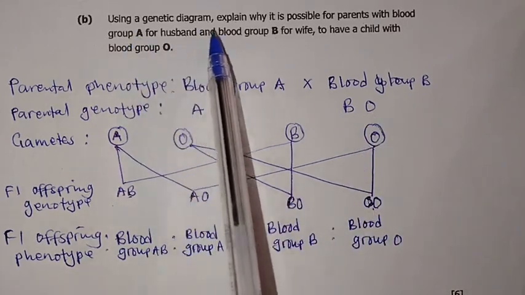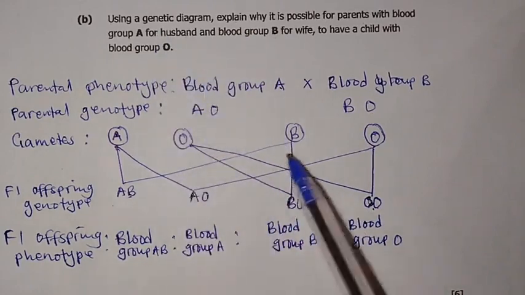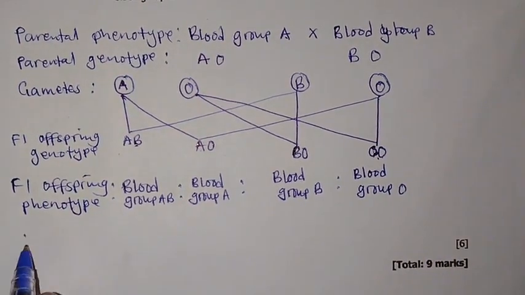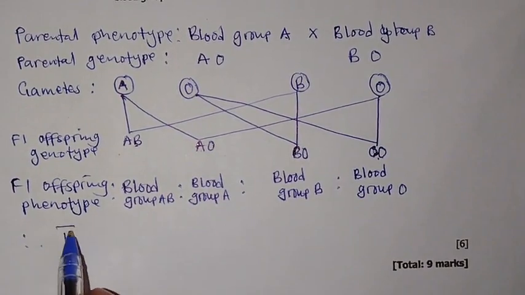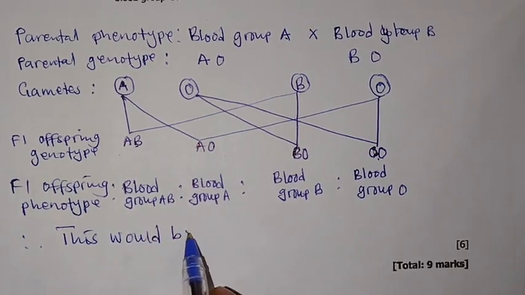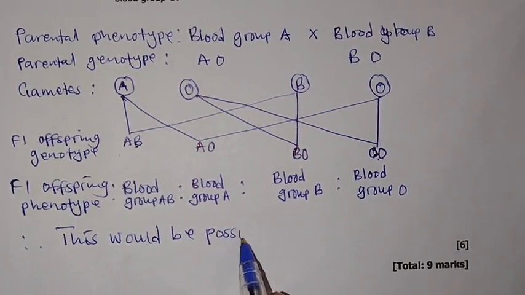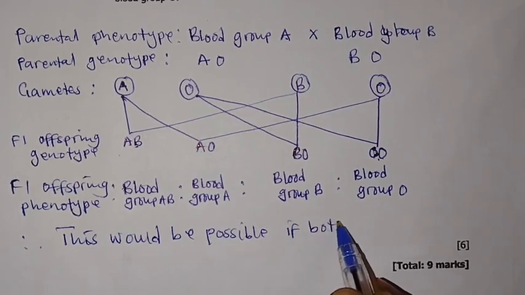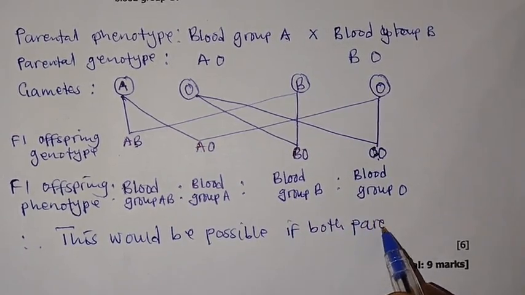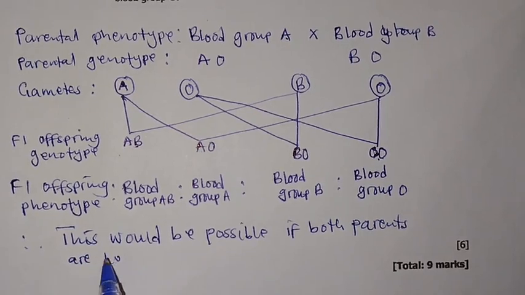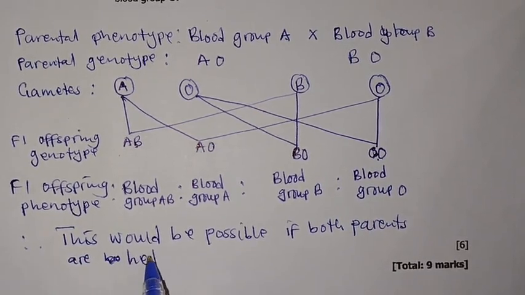So they said explain using a genetic diagram. So we have used the genetic diagram, then we can use a statement also, and on this statement we can say, therefore, this would be possible if both parents are heterozygous.